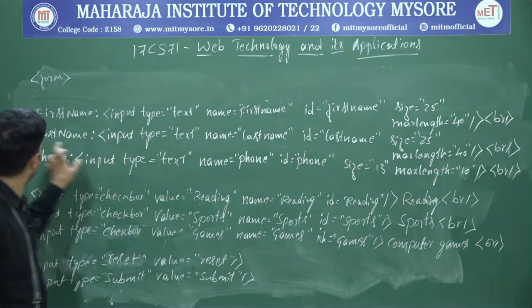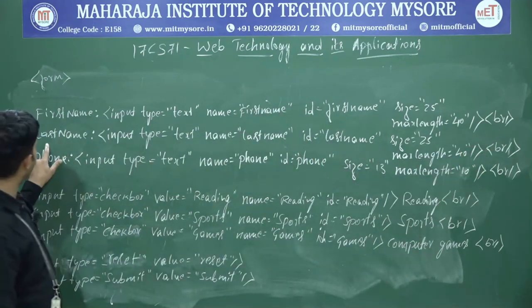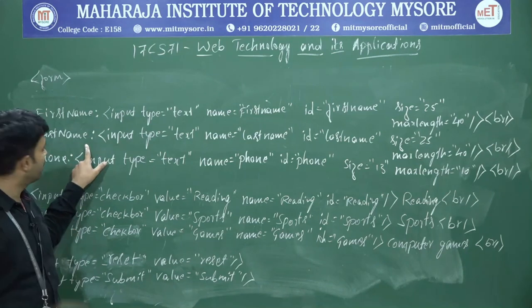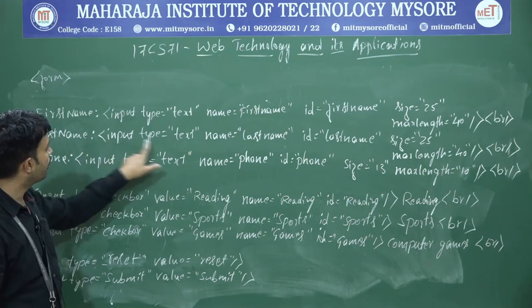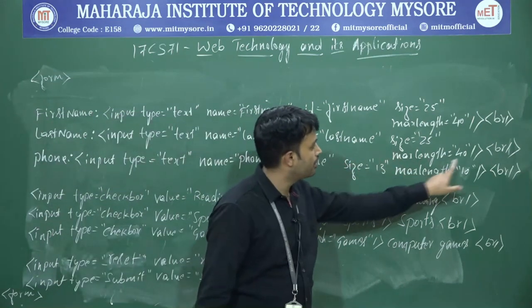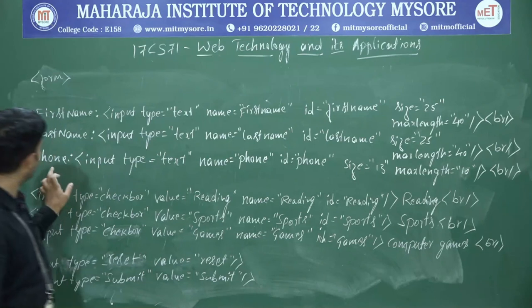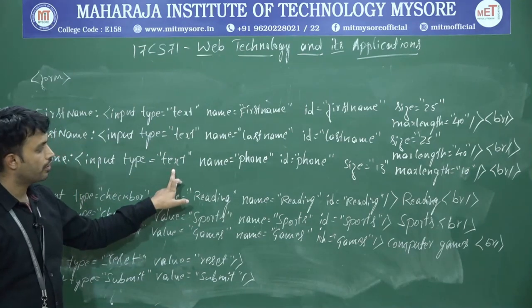Next, again here I have given a break, so the next label will appear on the next line. The next one is input type equal to text, again a text box, for last name. The size and everything else is the same. The next one is phone number. Input type equal to text.